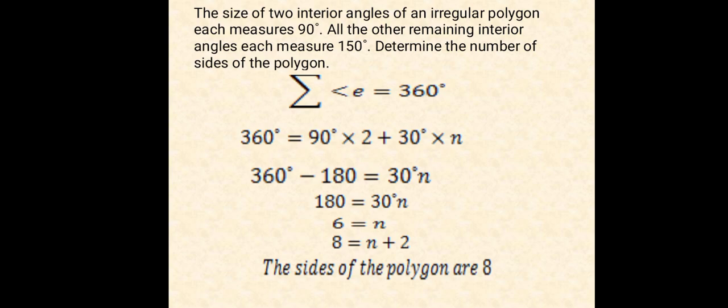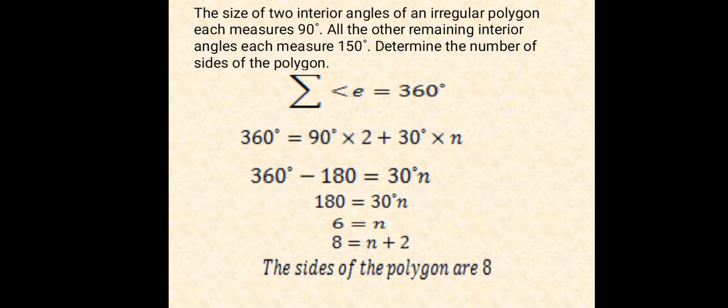Now, if the interior angle is 90, the exterior angle automatically becomes 90. So we have two 90s of the exterior. Now we go to the others. We have been told that the remaining are 150. If the interior is 150, to add up to 180, the exterior will be 30 degrees. For the remaining, we don't know the number, so it is 30 degrees times n. Now we solve for n.